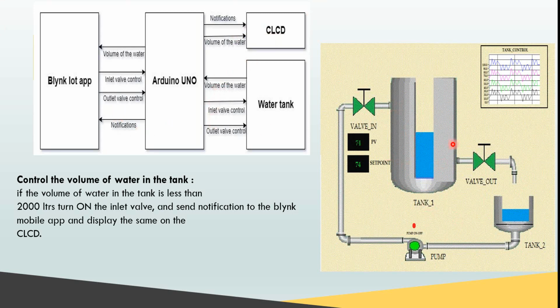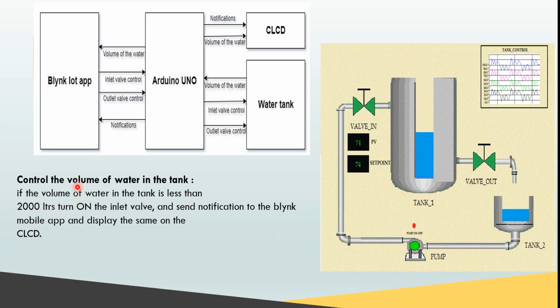This is how the inlet valve and outlet valve look. When the water quantity is more than 2000, the inlet valve won't turn on. When the outlet valve is turned on and the capacity decreases below 2000 liters, the inlet valve automatically turns on until it reaches the maximum capacity of 3000 liters.